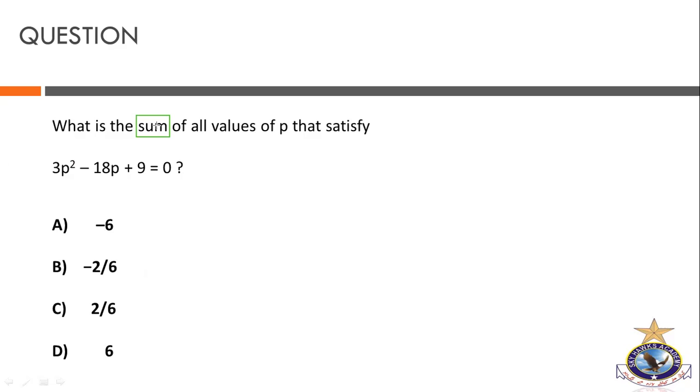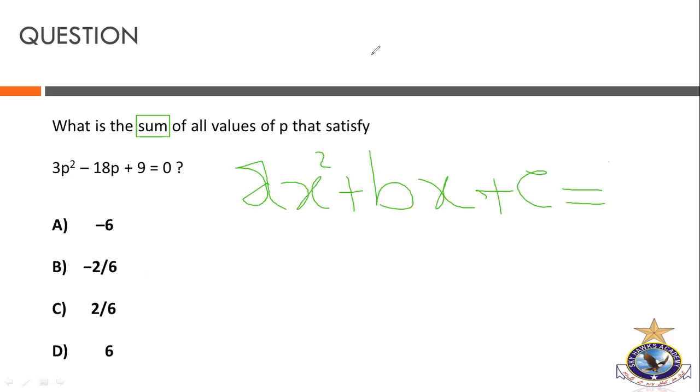Look at this. I can write this just like that: ax square plus bx plus c. Are you looking at this? So this is a quadratic equation. How many values of x can we get?